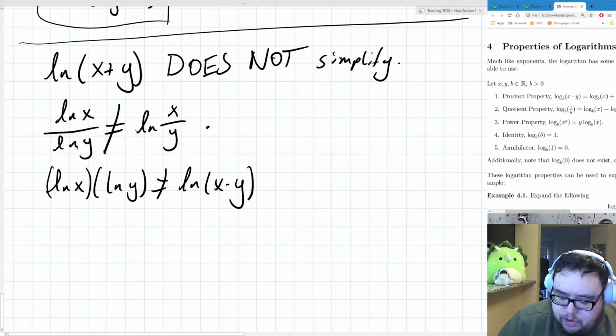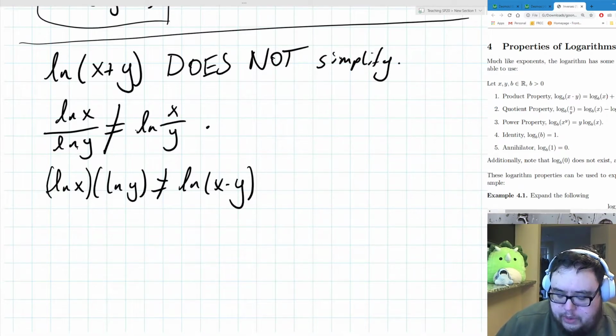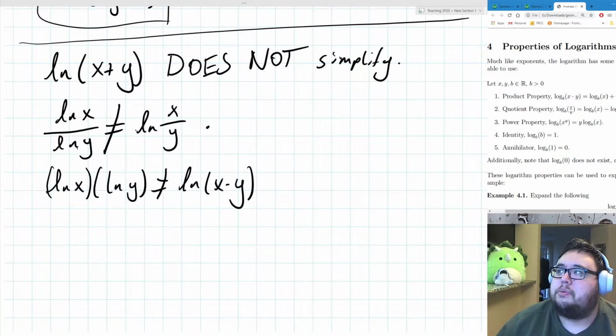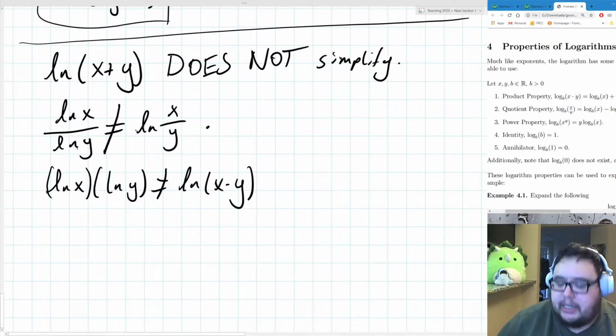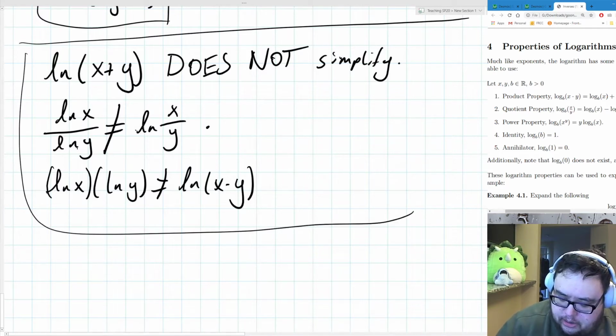If these two things were true, then we could just push things inside and outside of logarithms, right? But you can't just pull a logarithm out. You can't distribute logarithms like that. Otherwise, we wouldn't have even talked about these properties in the first place, right? Ln of x over y is ln of x minus ln of y. So subtraction and division aren't the same thing, right? These are really common mistakes that I see.